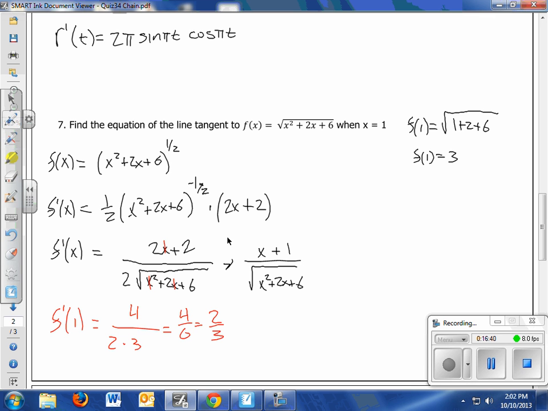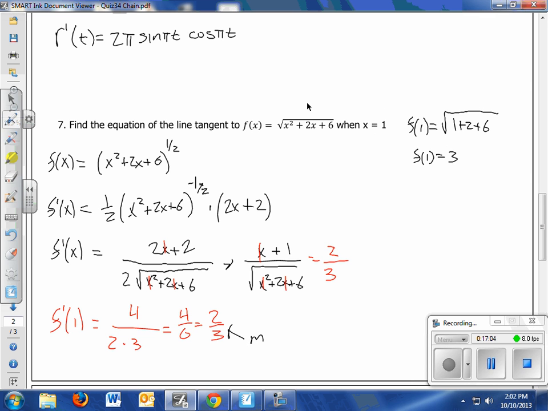Now, if I did simplify, you would notice you get that with the 2's pulled out. You'd have 2 over the square root of 9. Okay? Same thing. Notice, if you're not comfortable simplifying, you still get the right answer. So this is the slope of my tangent line to my function at 1, 3.